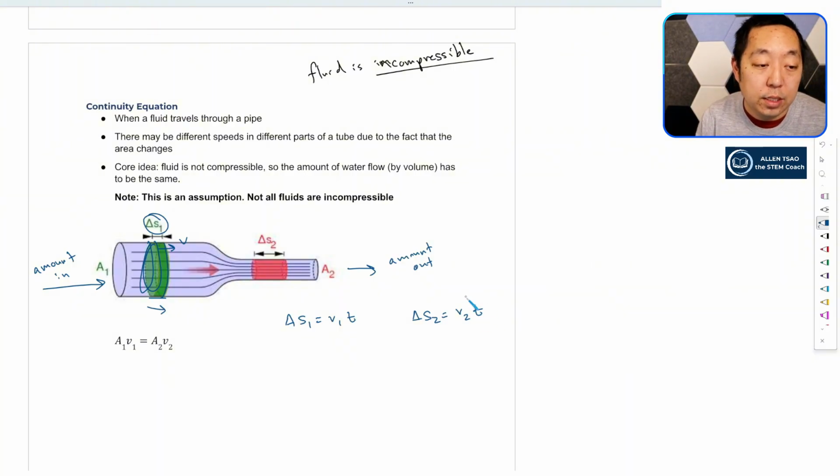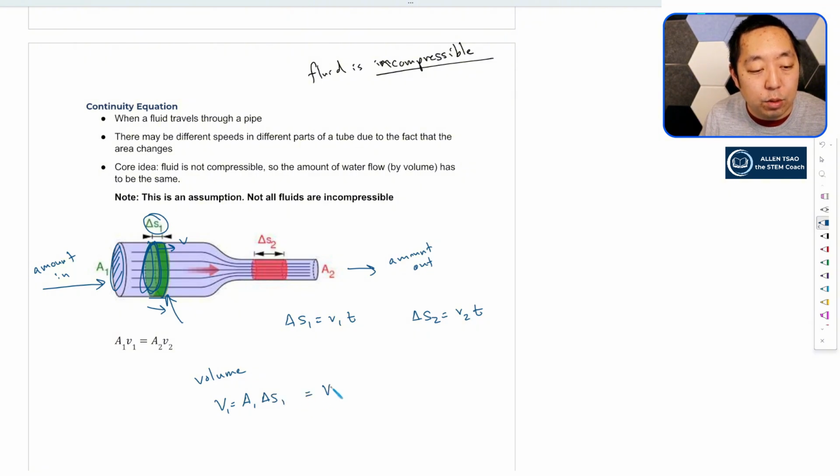Now, what we're going to equate is the volume. The volume of this little cylinder is going to be the area of the circle, which we'll call the cross-sectional area A1, times how thick it is, delta S1.